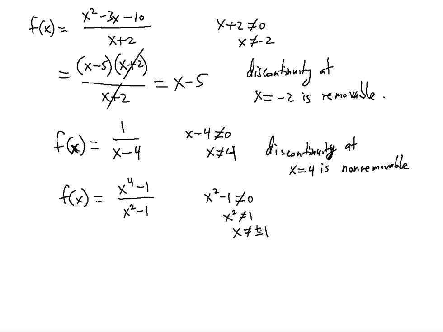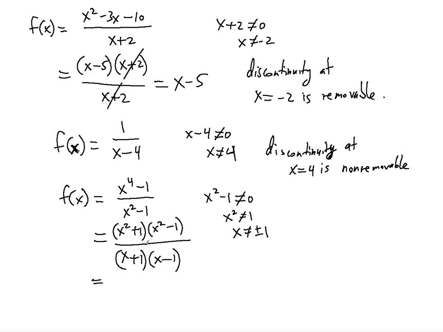At these points there seems to be a discontinuity, but we don't know whether or not it is removable. We have to factor the bottom and the top and see what we get. Let's factor the top first. We're going to get x squared plus 1 times x squared minus 1, divided by x plus 1 and x minus 1.